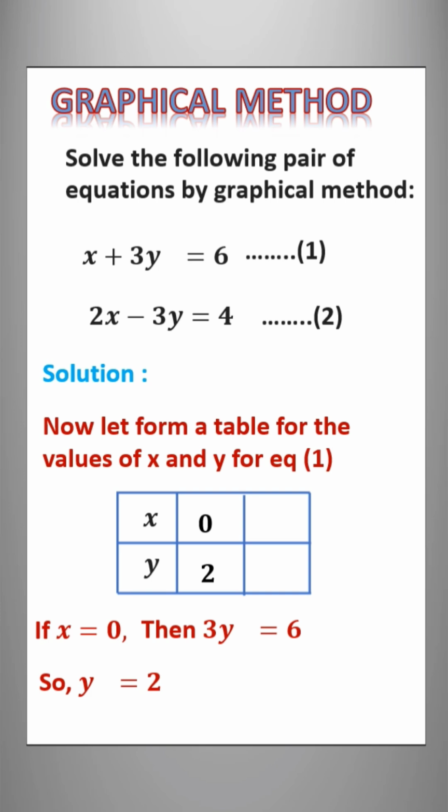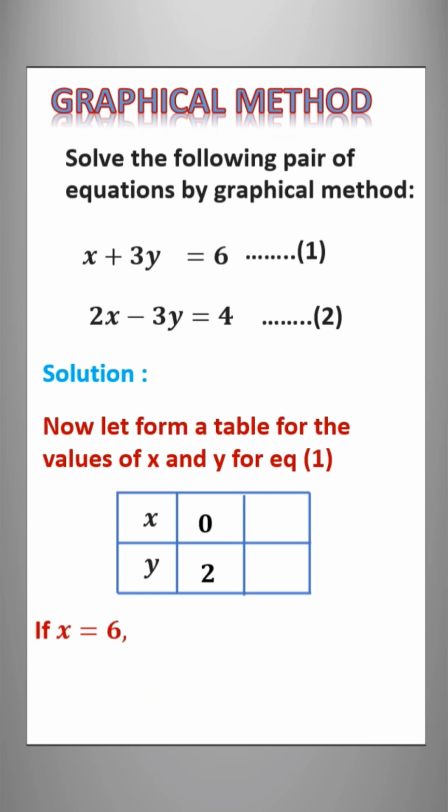You have to take the value for x such that you get y as a whole number. If you take x is equal to 1, what happens? 1 plus 3y is equal to 6, so 3y is equal to 6 minus 1, that is 5. y is equal to 5 by 3, which is a fraction. We cannot plot this number on the graph sheet.